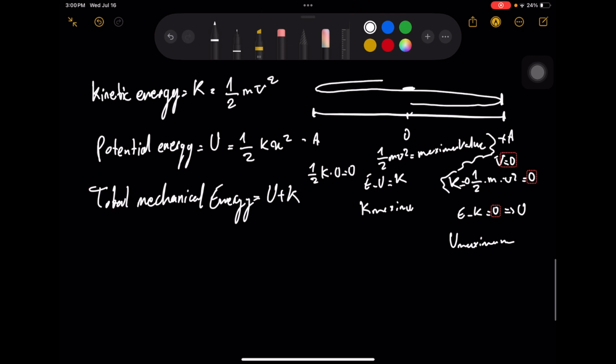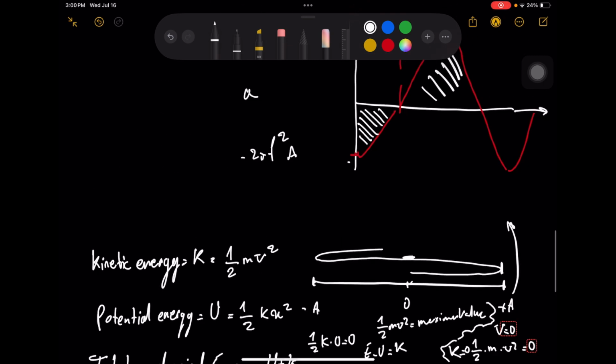So the point is, at the amplitude we have 100% of potential energy, and at the equilibrium position, we have 100% of kinetic energy. And that's it. The total energy remains constant.